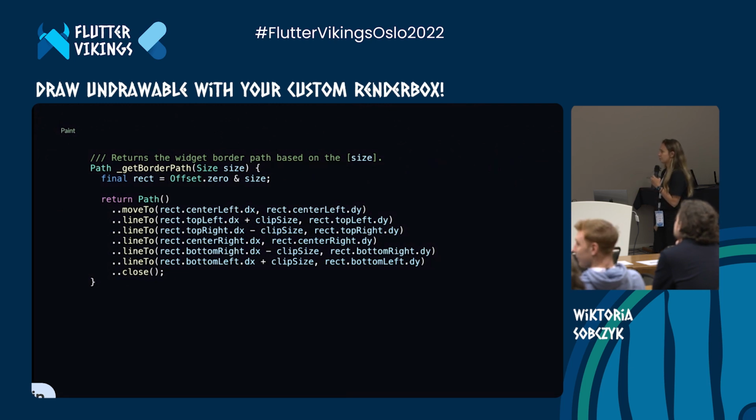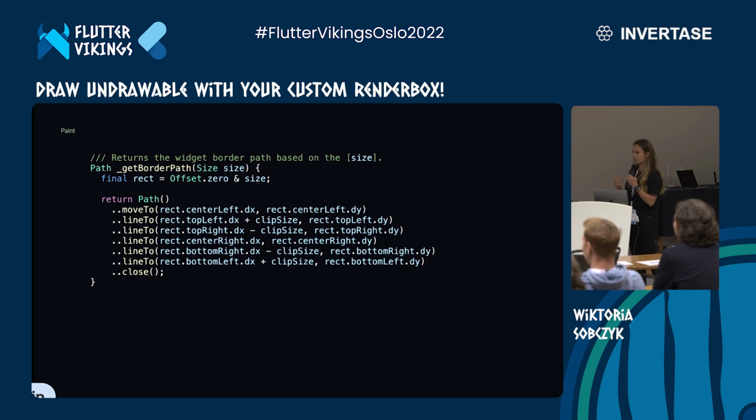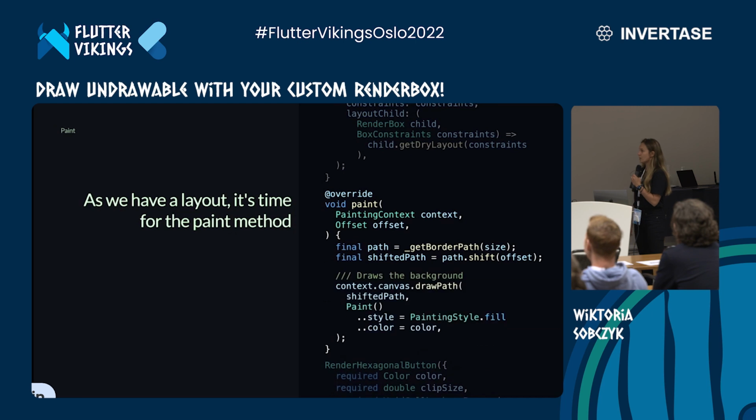It will be different for our different render box size. So this is some kind of typical path, and we define this path method. And finally, we can draw something on the canvas, and as we can see, we add our shift path and paint.